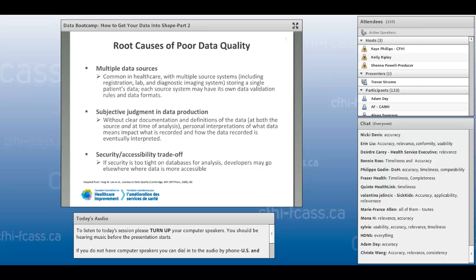We also see, unfortunately, subjective judgment in data production, and we want to be able to minimize the chances of the wrong interpretation of data or process information at the source of the data input, as well as during the analysis of data.